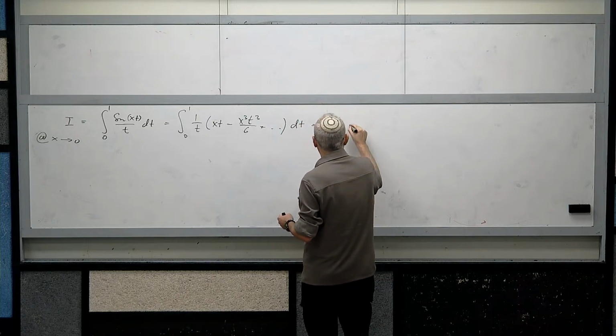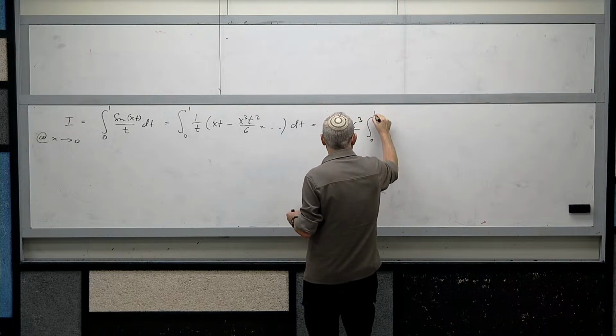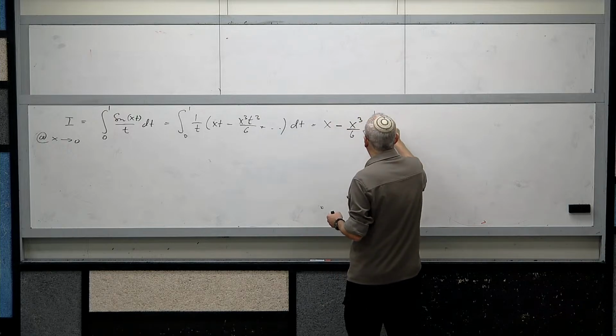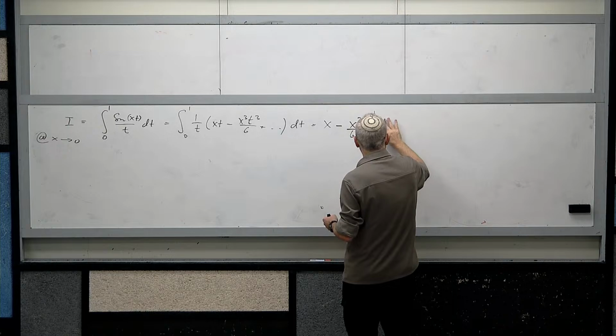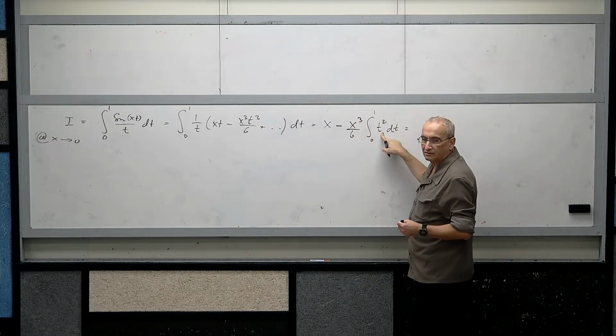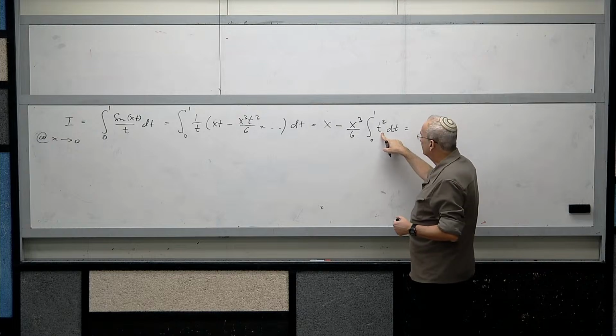And then I have minus x cubed over 6, integral from 0 to 1 of t squared dt, squared not cubed. And this is t cubed over 3.